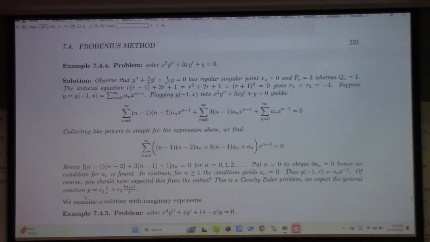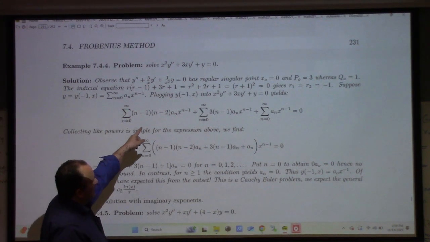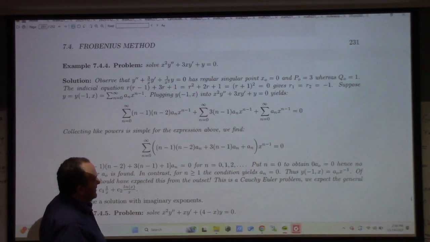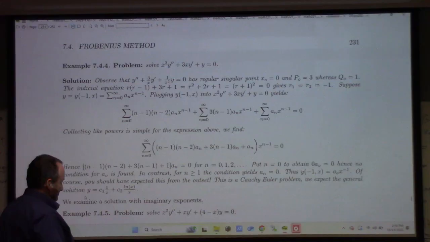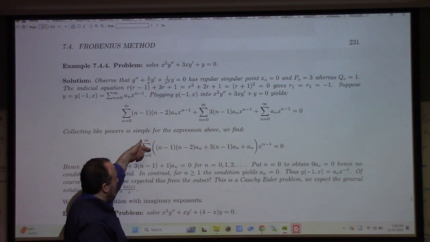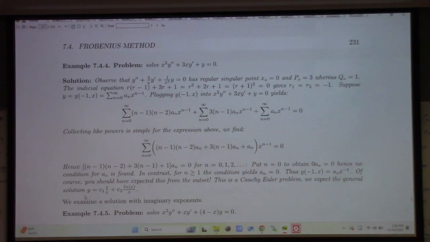Here's another one. X squared y prime plus this. So you basically look at the indicial equation. This one has a repeated root of -1. Ugh, that's unpleasant. Plugging it in, this is my recurrence relation. And this one is a Cauchy-Euler problem, so something cool happens in this one.